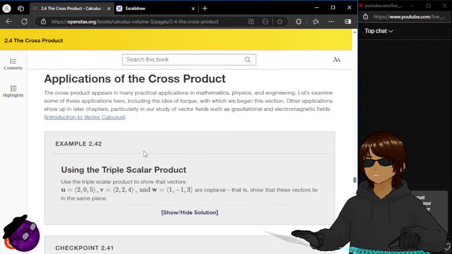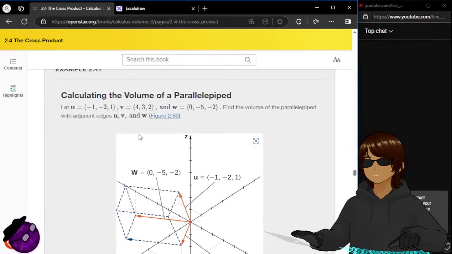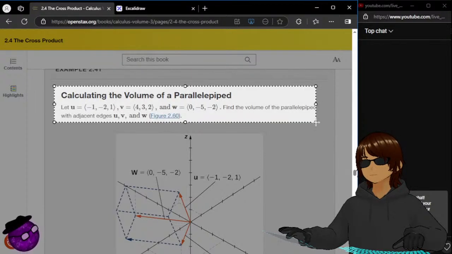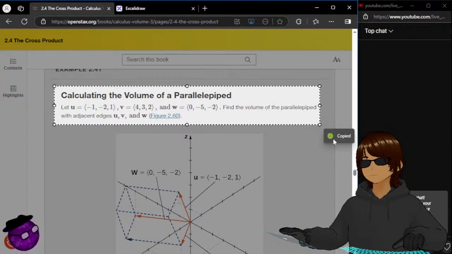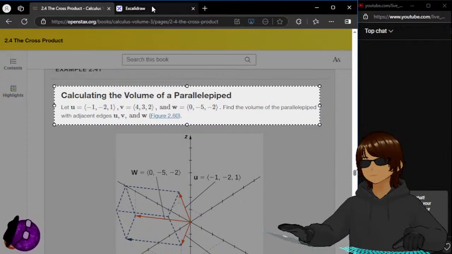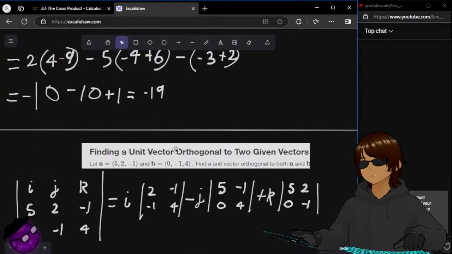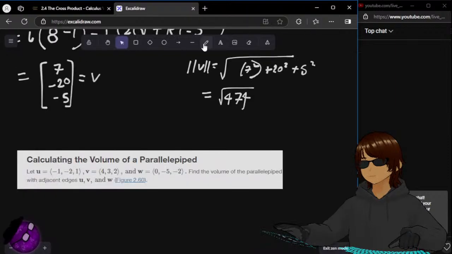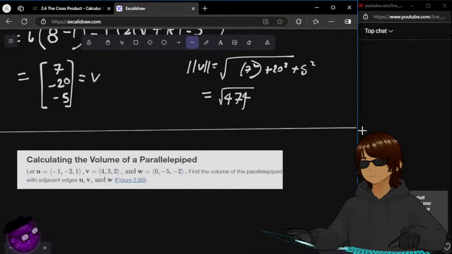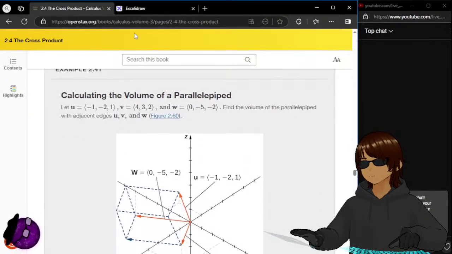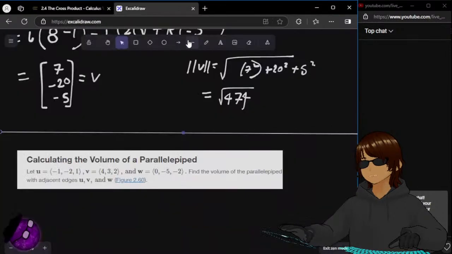Okay, let's do this exercise. Copy it. And this is what? Exercise 2.41.